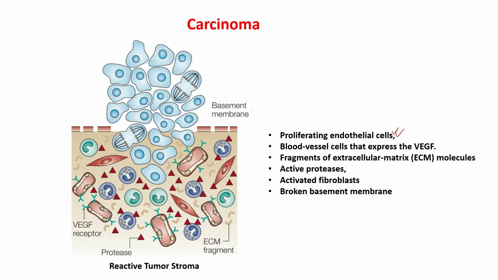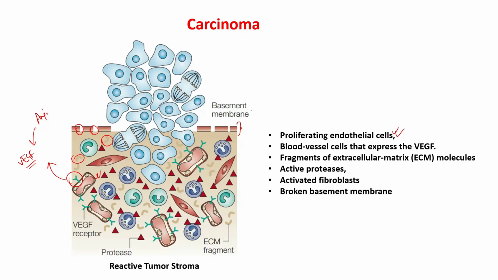We can see blood vessels which are now expressing VEGF receptor, and this VEGF receptor is pretty special because when binding to the growth factor, it induces angiogenesis. We can also see some fragments of ECM molecules like collagen fragments, increased levels of active proteases, which have broken down the basement membrane, and we can see a broken basement membrane. These are the features we can see in epithelium which has progressed to a state of carcinoma.